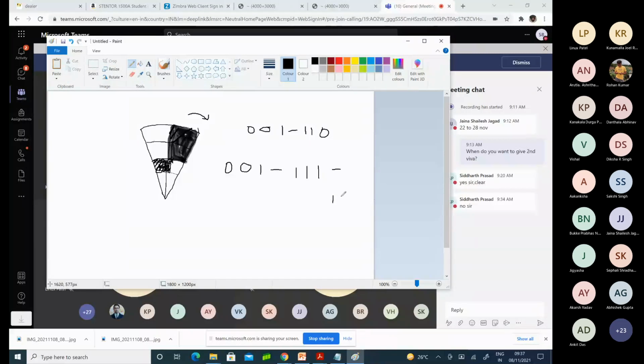So you see, due to misalignment this comes into the picture, which is not correct if we use the binary code. Now, is that okay to all of you? Siddharth?